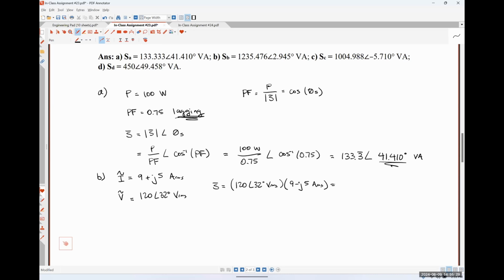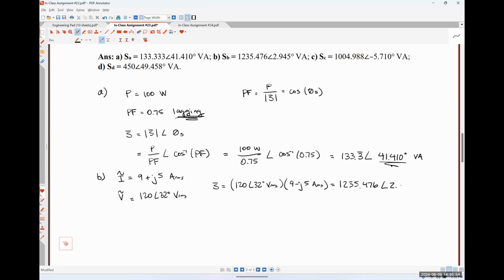And then we'll just throw this in our calculator. So 120 angle 32, times 9 minus 5i. And I get 1,235.476 with an angle of 2.9453.